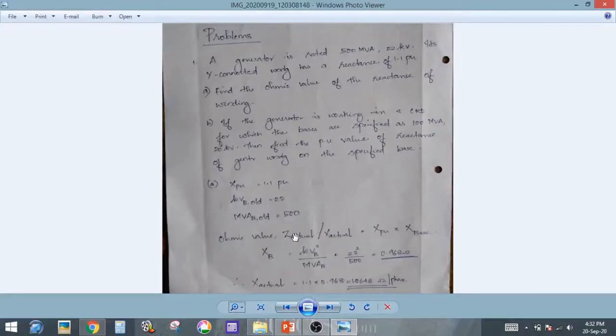And from this, the actual value of reactance can be calculated. That is, X actual equal to X per unit into X base. And the actual value of the reactance is 1.0648 ohm per phase.